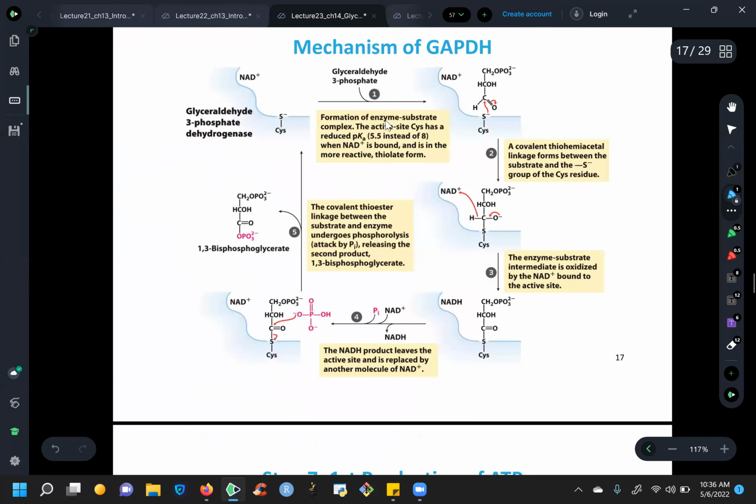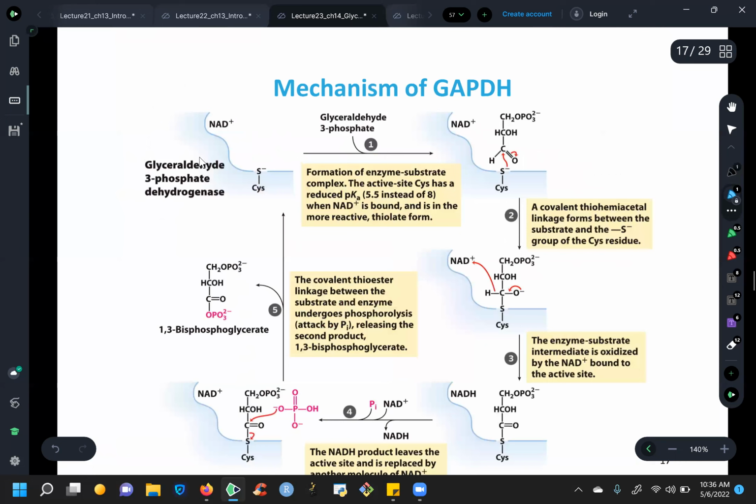So here's another mechanism. This one is GAPDH. We start off with NAD plus. And like we learned earlier, NAD plus and NADH are free to come and go. So this one is sitting here now, but once it picks up its hydrogens, it can take off and be replaced with a different one. Whereas if you had FAD, then that one would be stuck to the enzyme. It would not be able to just travel and take off.